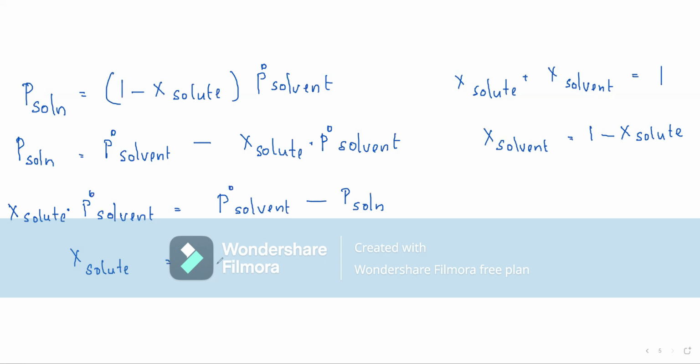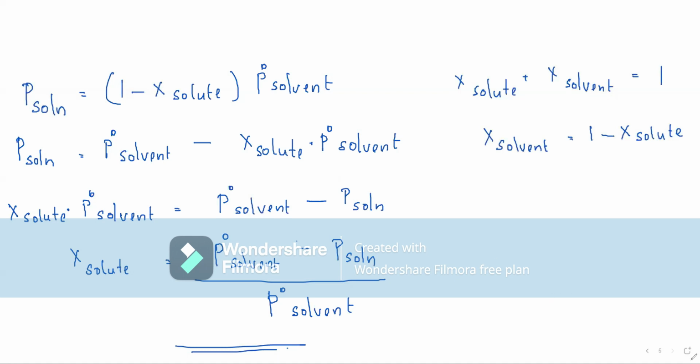So X of solute is P naught of solvent minus P of solution, by P naught of solvent. Now, this is applicable in the case of a non-volatile solute. This is a modification of Raoult's law, right? So this is Raoult's law itself when your solute is a non-volatile solute.